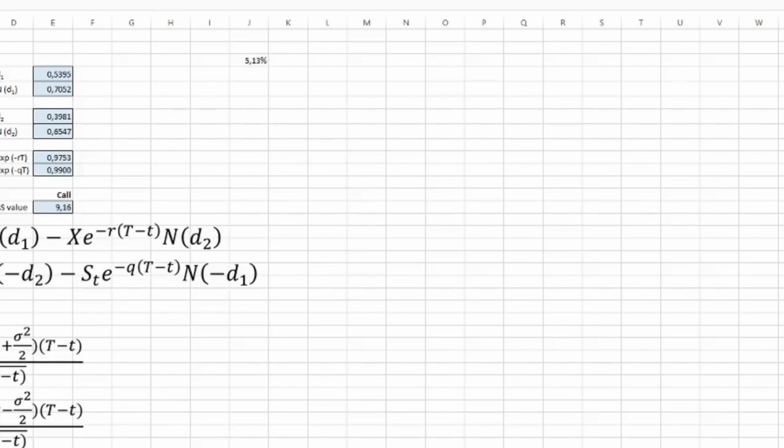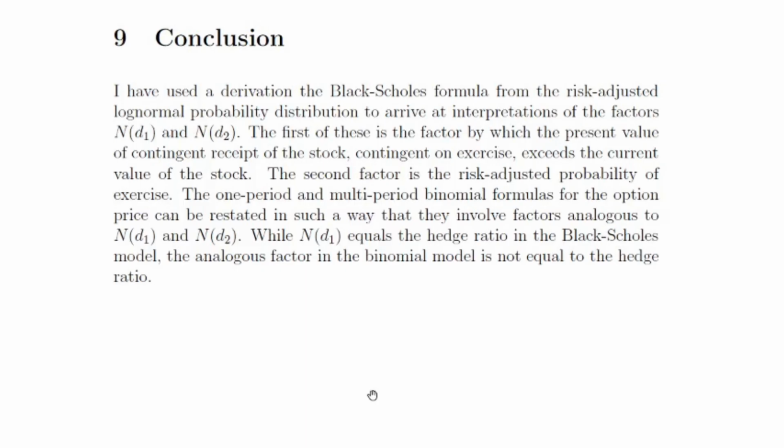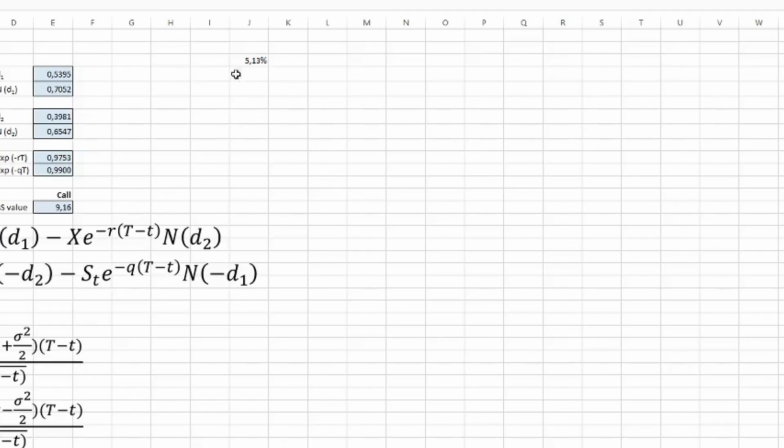D1 is more difficult to understand, but basically it's like contingent receipt from your difference. So it's like the price of this exercise, given that it has ended up in the money. It's a bit more difficult, but D2 is simpler: what you expect to happen with assumptions.